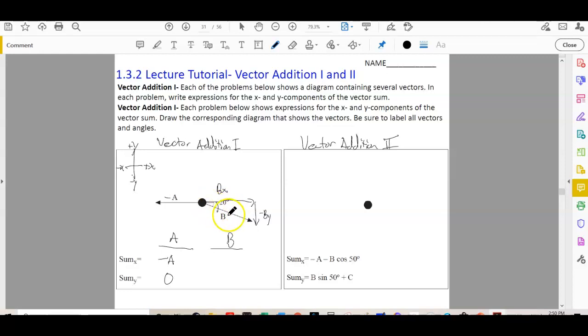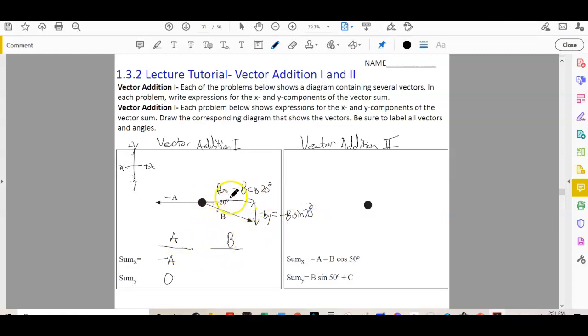You have B pointing down and to the right. Is this BX component going to be adjacent or opposite 20 degrees? Well, it is adjacent to the 20 degrees, so it's going to be B cosine of 20 degrees. The BY component is opposite that angle of 20 degrees, so it's going to be pointing down, B sine of 20 degrees. Okay?